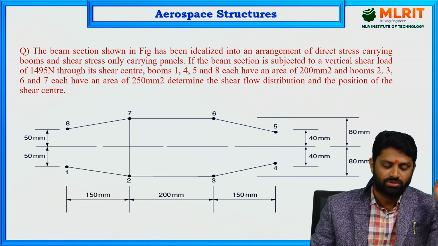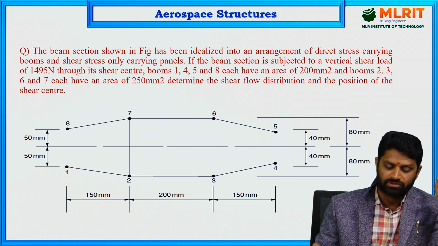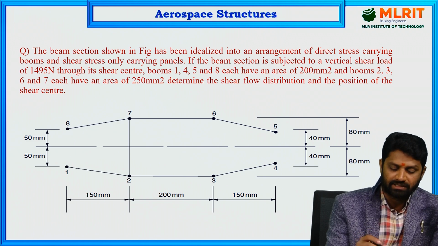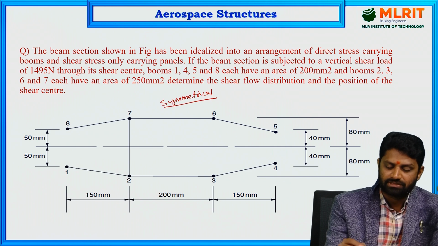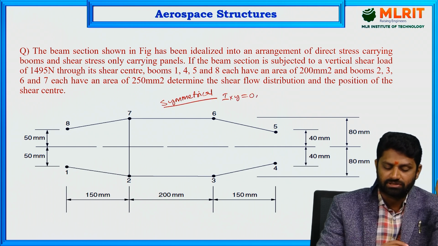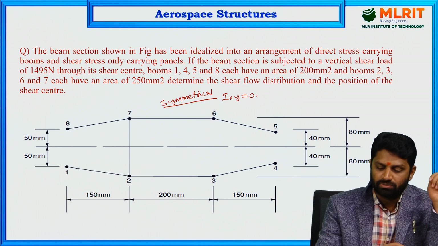If you look at the geometry of the problem, the first thing we need to understand is that the given section is symmetrical. So you can substitute the product of inertia Ixy equal to 0.